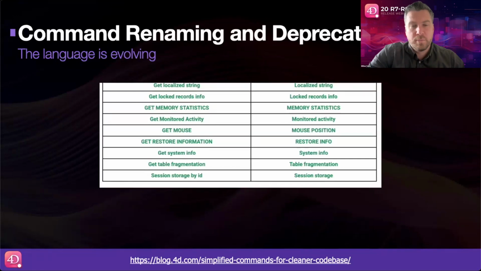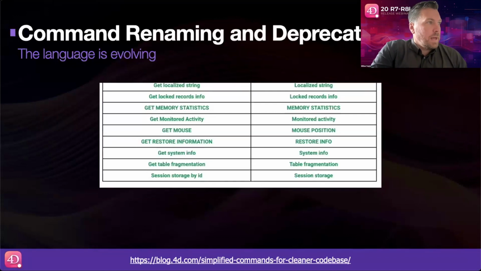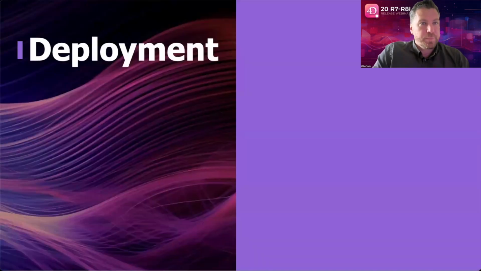But if for whatever reason you are not including the tokens in your project source file, and you're in project mode, you're going to have to replace those by hand. So just letting you know that some things may change automatically when you open 20R8.